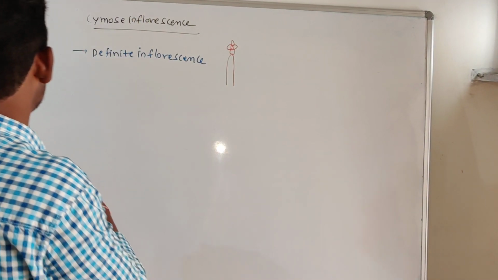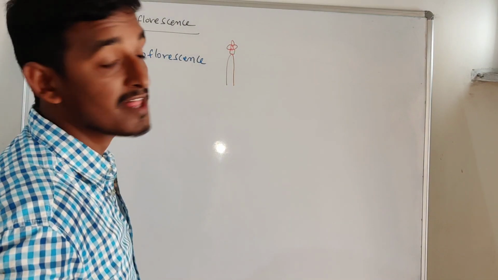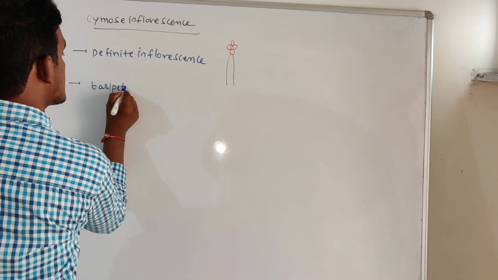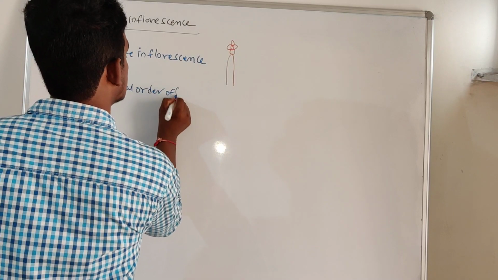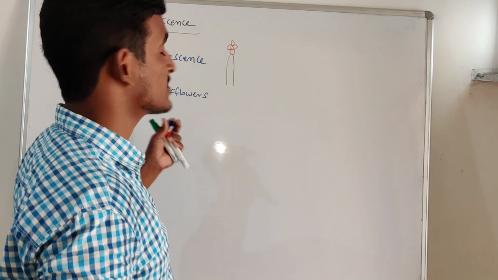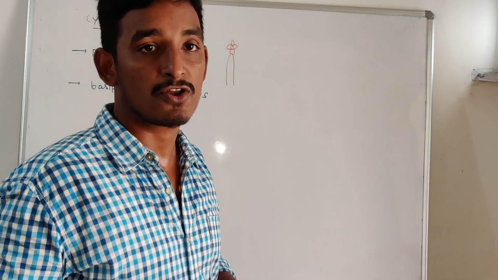Along with that, cymose inflorescence exhibits some other properties, like basipetal order of flowers. What is a basipetal arrangement of flowers? Racemose inflorescence shows an acropetal arrangement.